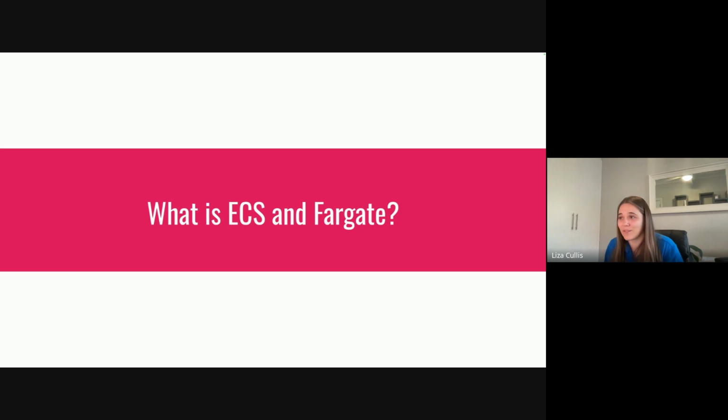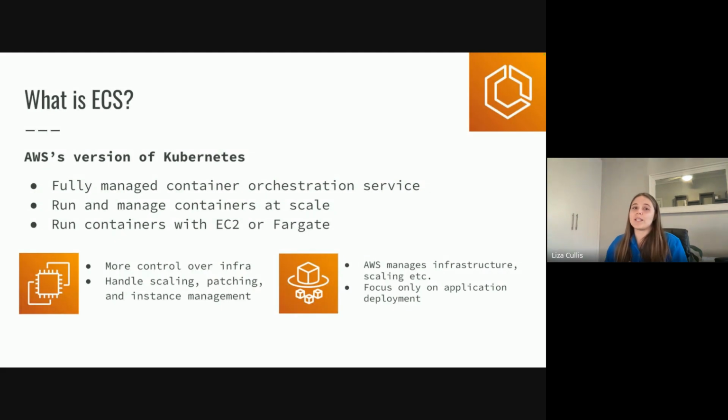So let's start with the very basics. What is ECS and Fargate, and how does it all work together? ECS is essentially AWS's version of Kubernetes. It's a fully managed orchestration service that allows you to run containers and helps you run them at scale. So you can run your containers either with ECS or Fargate.